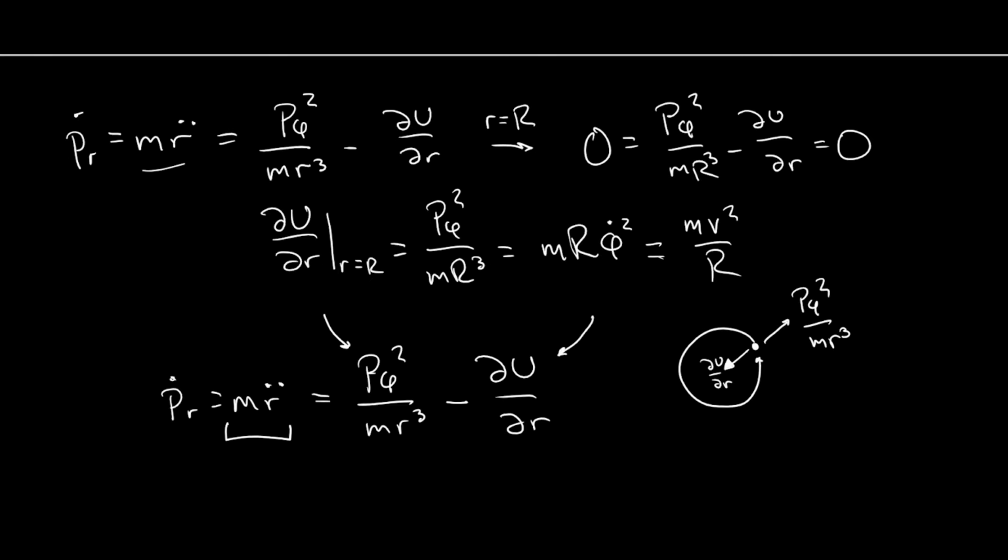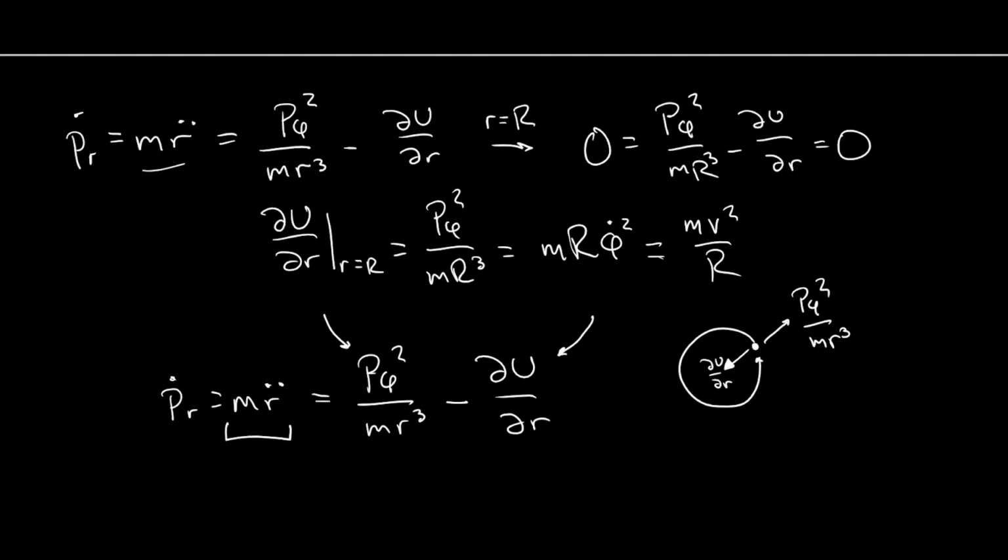And these two are fighting each other. So I get some force coming from the fact that I have some angular momentum, and then the force that's just trying to pull me in. And you can see that when these two perfectly balance, I get no acceleration in the r direction, and I get something moving in a circle.